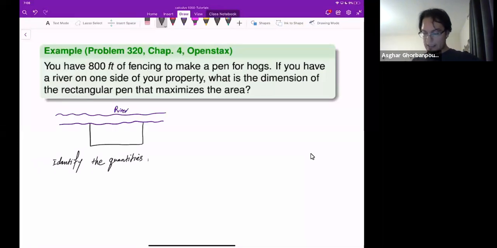So, okay, this is rectangular, so we will have a width, a length. So these are at least two things that come to mind. So width of the pen and length of the pen.